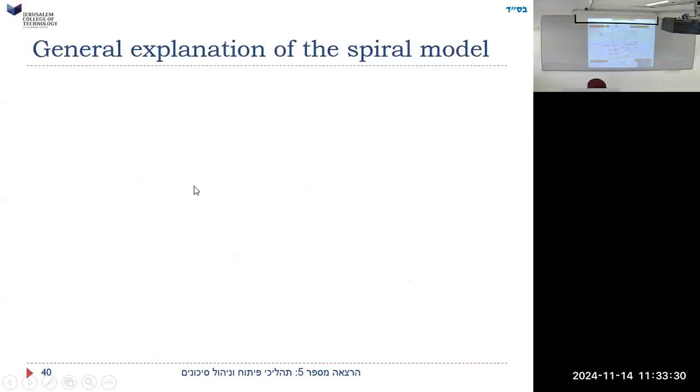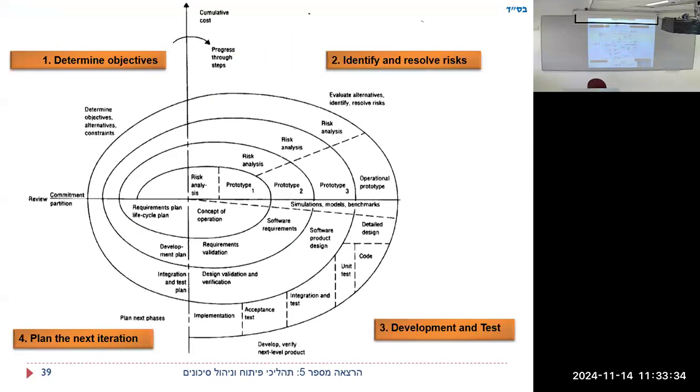Here, you see in the middle, I actually start from the middle. Risk analysis, we do some kind of risk analysis. Figure out, is this project worth our time and money? Then we do a prototype. Then we figure out how it's going to run.